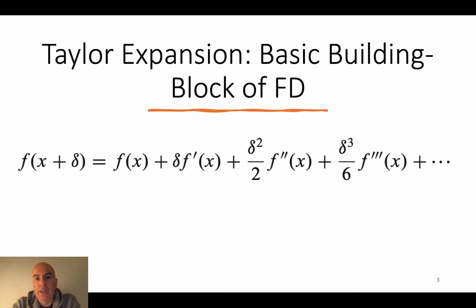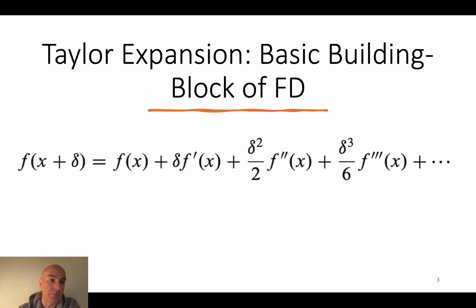As I told you before, the basic building block for deriving finite difference schemes is the Taylor expansion. We take a function and derive an approximation of the value of the derivative at the point x by expanding the function with the Taylor expansion.